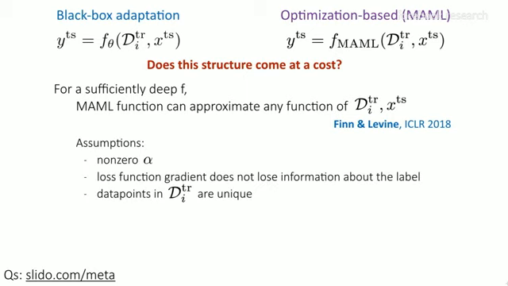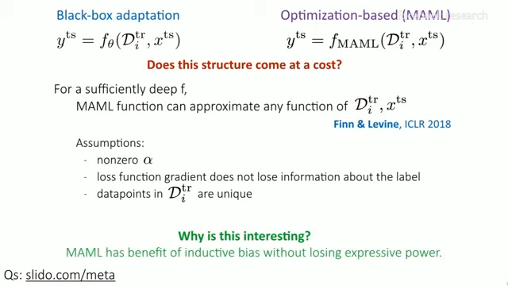We can show this under a few relatively mild assumptions, such as a non-zero learning rate, as well as unique data points in the training data set. This is interesting because it means that MAML has the inductive bias of optimization procedures embedded within it, but without losing the expressive power of gradient descent, or of deep recurrent neural networks.